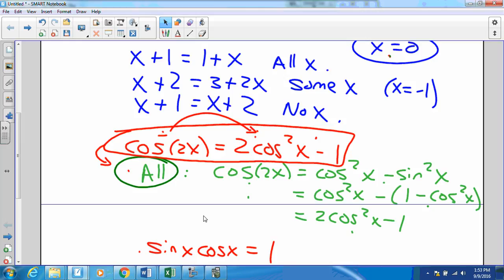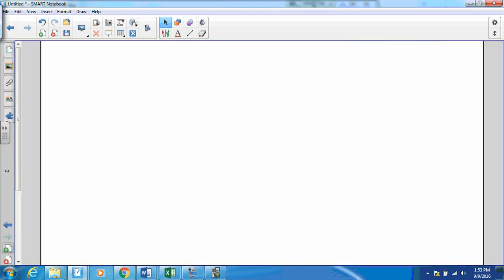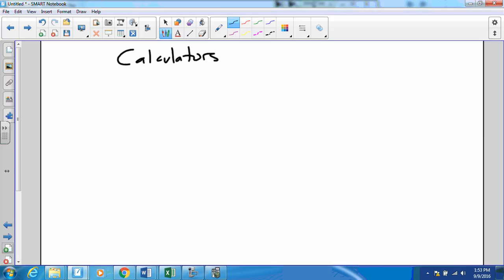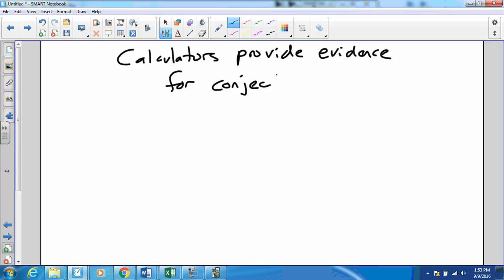Okay, so I just want to sum up a couple of things that we learned doing this problem. First thing is that graphing calculators provide evidence for conjectures, but not proofs.